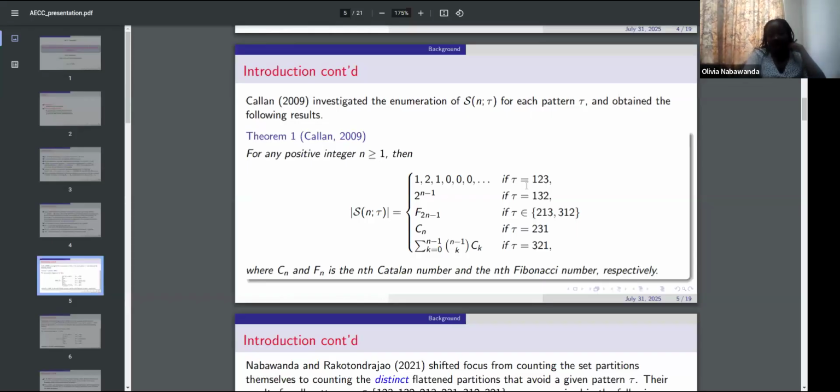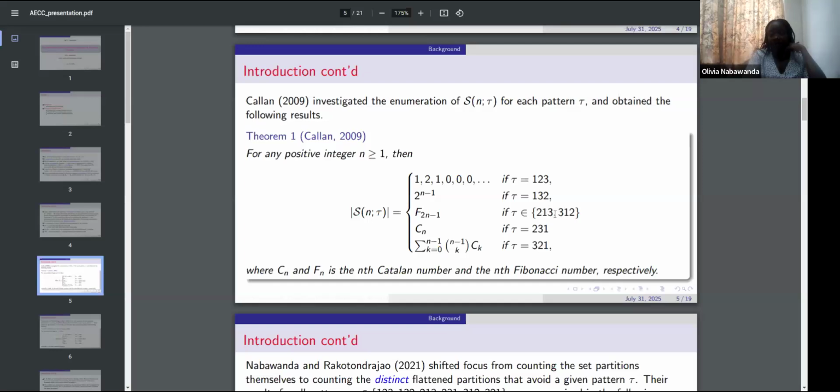For the pattern 1, 2, 3, he had this counting sequence 1, 2, 1, and then after that the rest of the terms are zeros, so that's trivial. And then for tau equal to 1, 3, 2, he ended up with a power of 2.